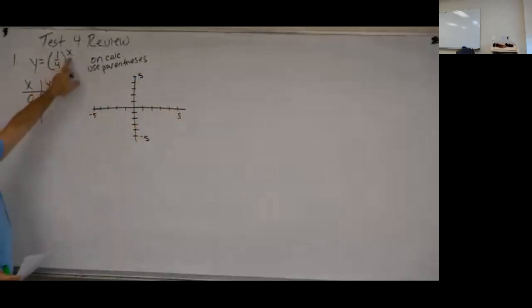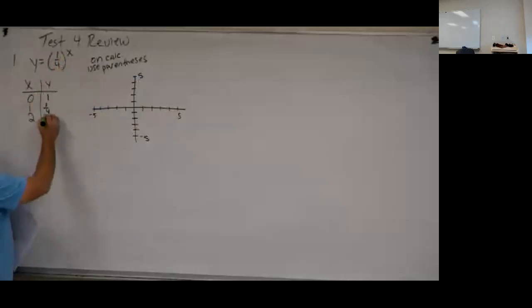Put a 1 in for the x, 1/4 to the first power would be itself. It would be a 1/4. And then if I put a 2 in there for my x, when you square a fraction, square the top and the bottom. So 1 times 1 is 1, over 4 times 4 is 16. So that will give you a 1/16.